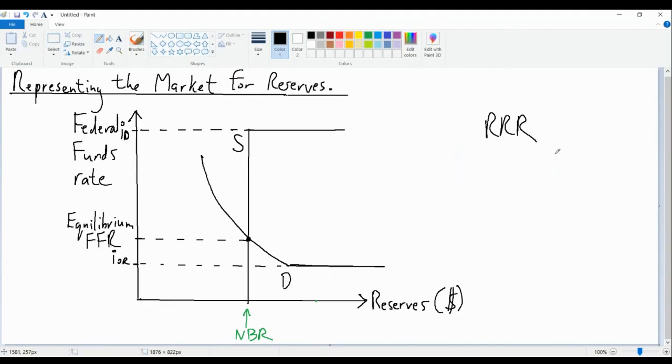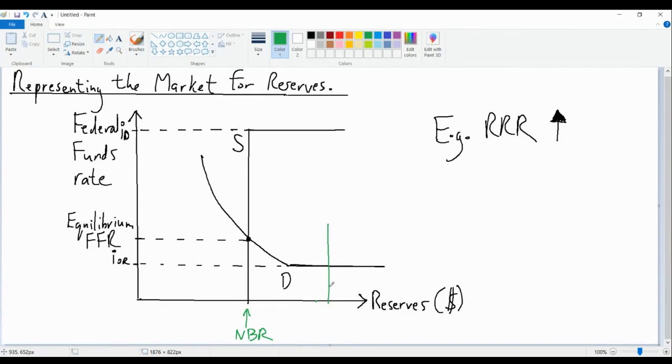So where is the required reserve ratio here? Well, let's imagine what would happen if the required reserve ratio were to rise. And this is, again, assuming that we're in normal times when banks like to have as few excess reserves as possible.